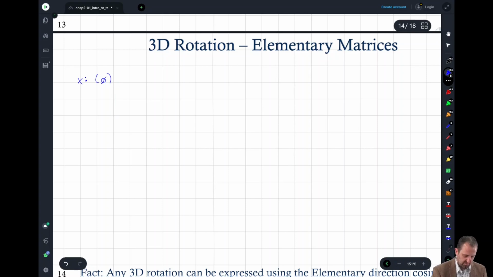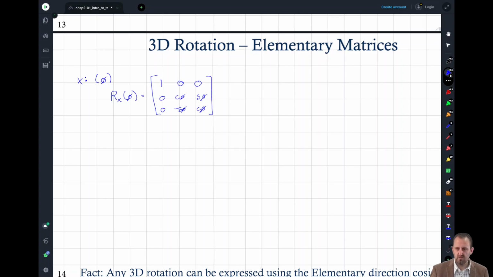We'll show it in a picture. We'll parameterize it by phi, and it's equal to the matrix with rows 1, 0, 0; 0, cosine of phi, sine of phi; and 0, negative sine of phi, cosine of phi.